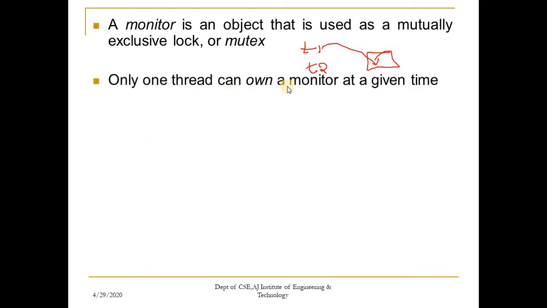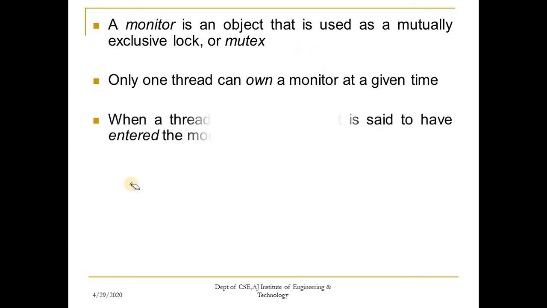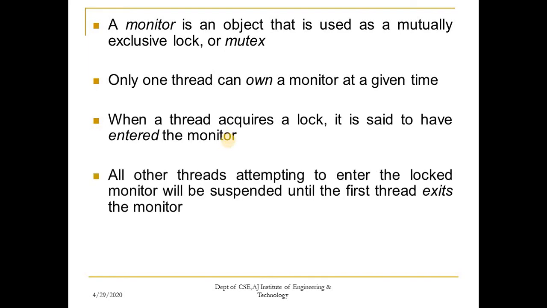Only one thread can acquire that object lock at a time. When a thread acquires a lock, it is said to have entered the monitor. All other threads attempting to enter the locked monitor will be suspended until the first thread exits the monitor.